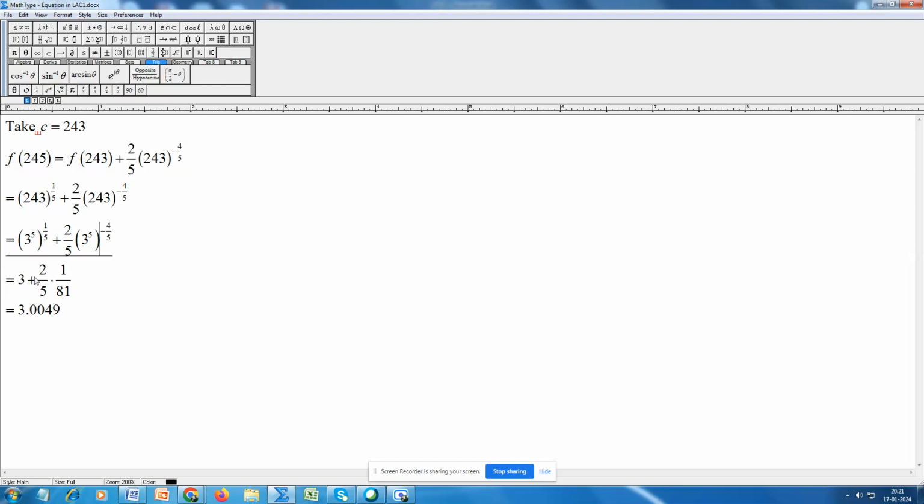So the 5s got cancelled: 3 plus 2 by 5, 3 power minus 4. 3 power minus 4 is 1 by 81. So 3 plus 2 by 405, that is 0.0049. So now add this. It is approximately equal to 3.0049. This is the value of the fifth root of 245.